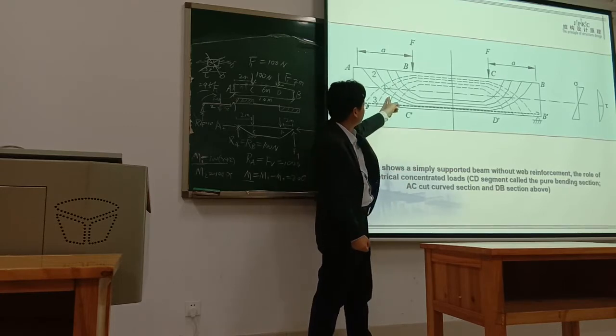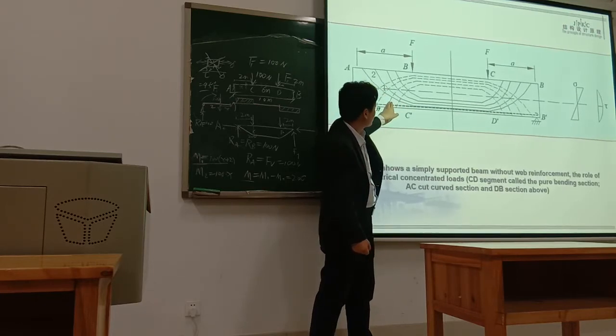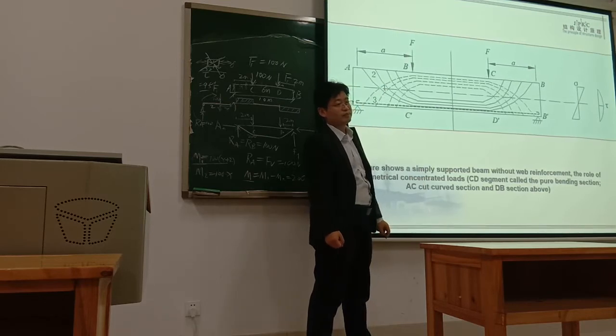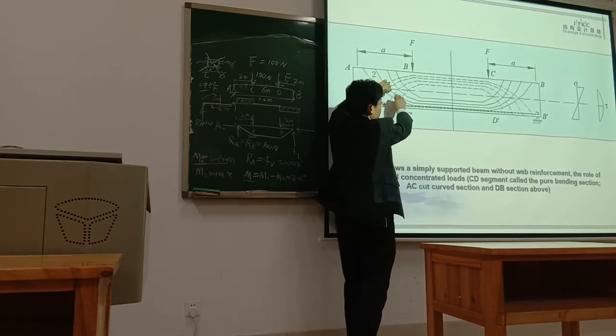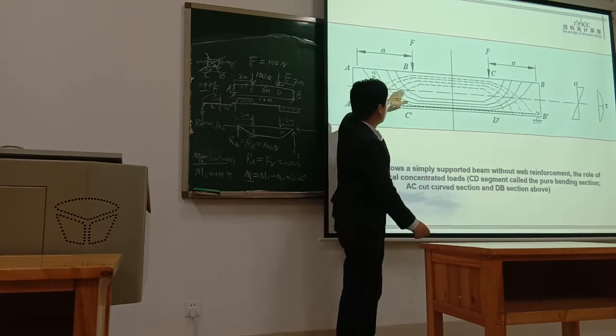Because your tensile force is in this direction, of course your crack will be in this direction. So understand? If you pull along this direction, the crack is generated along this direction.